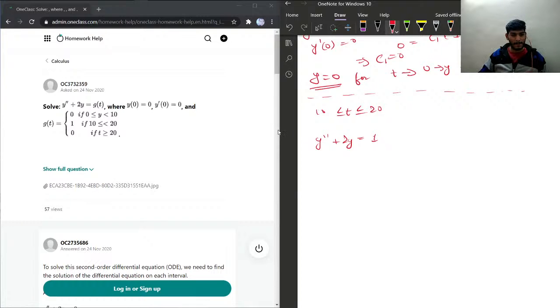Okay. Now again I'll put the differential operator here. So d square y by dt square plus 2y equal to 1.